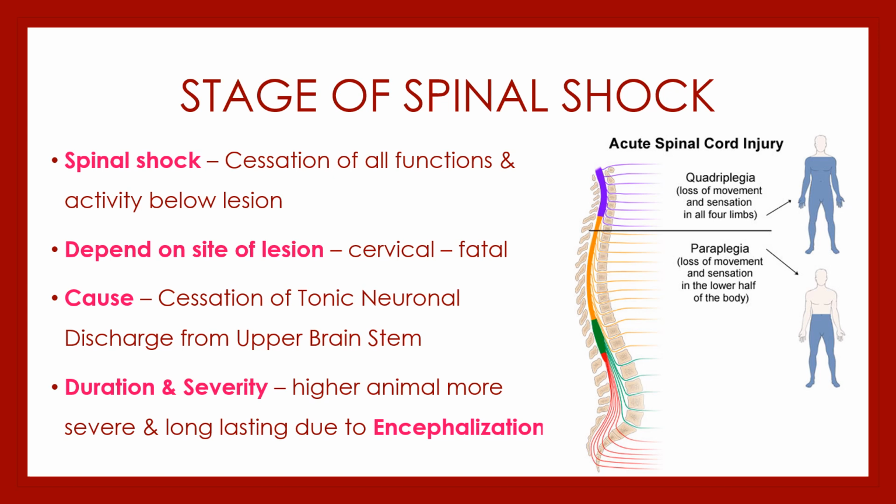The patient will feel as if they are cut into two: the upper portion, where the higher center is unaffected, and the other part of the body below the injury level, which will lose all sensations and also motor activity.